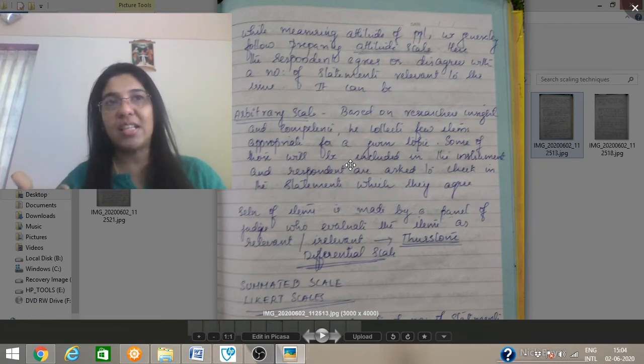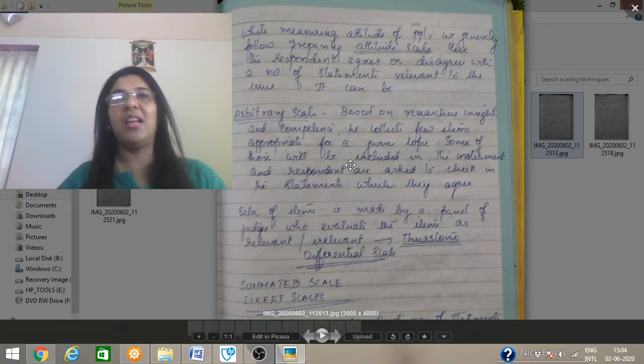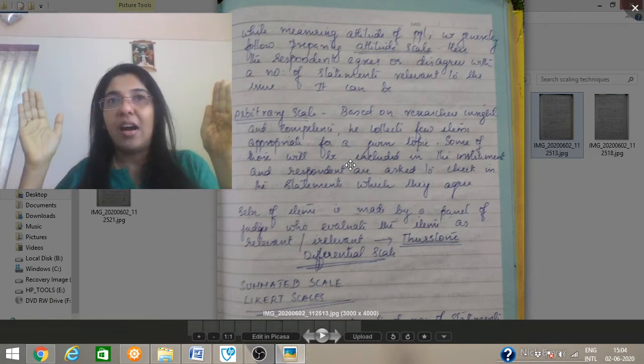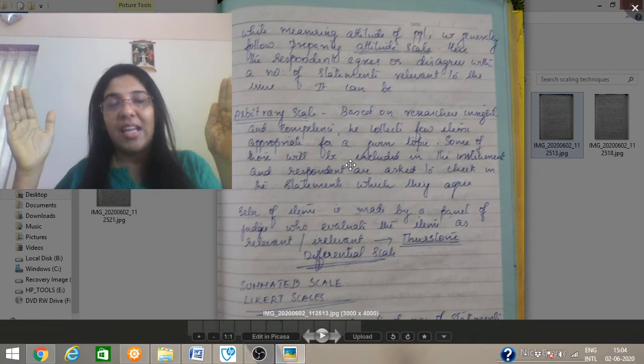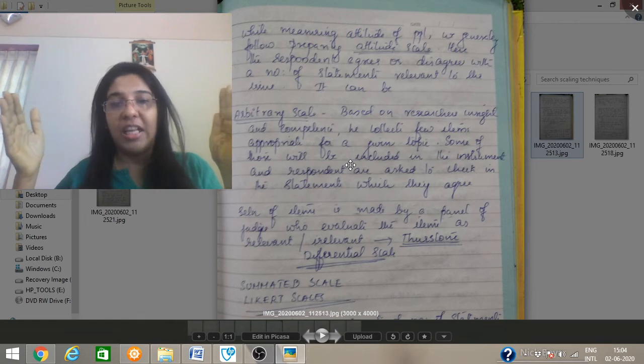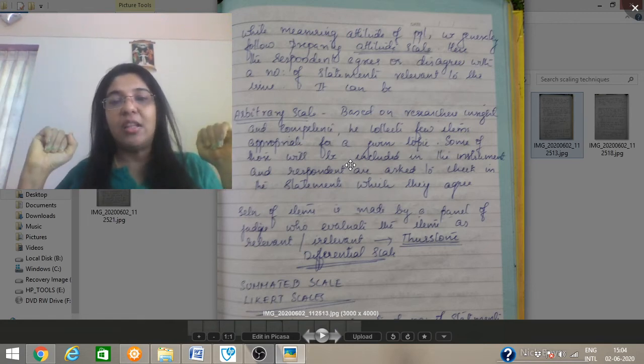Attitudinal scales can be arbitrarily done. That is based upon your perception. You fix some variables and tell the respondents to rate it, or tell the respondents to agree or disagree with that. And if the selection of the items is made by a panel of judges who evaluate the items as relevant or irrelevant, that type of scale is called Thurstone differential scaling.